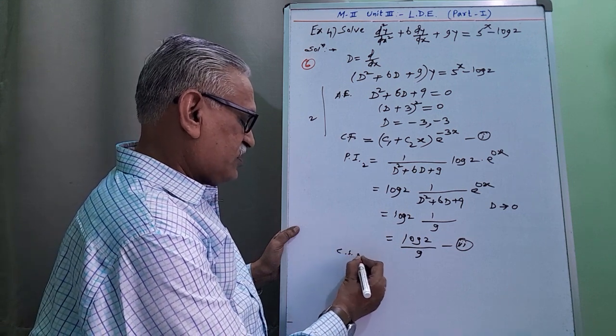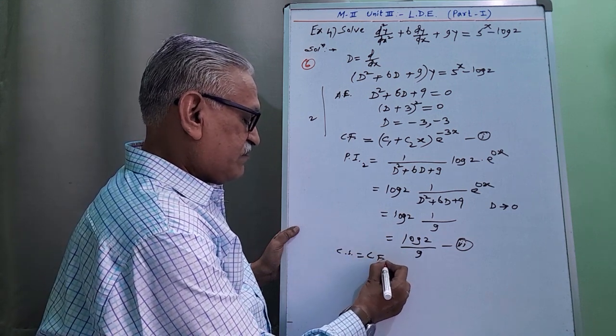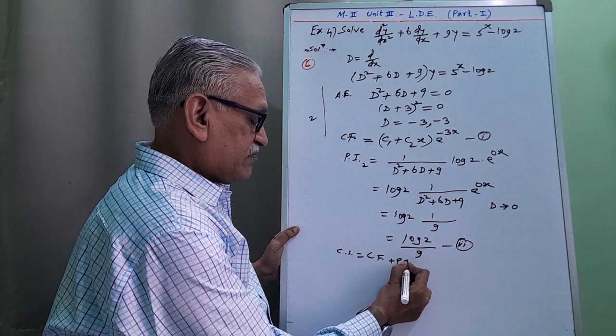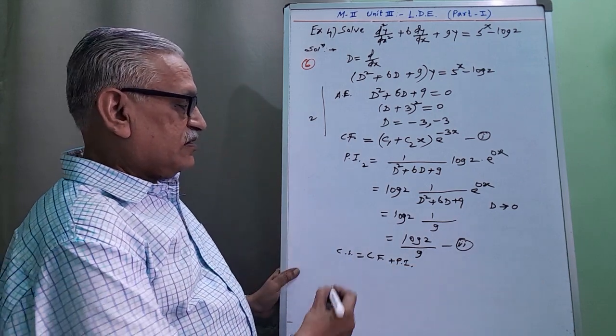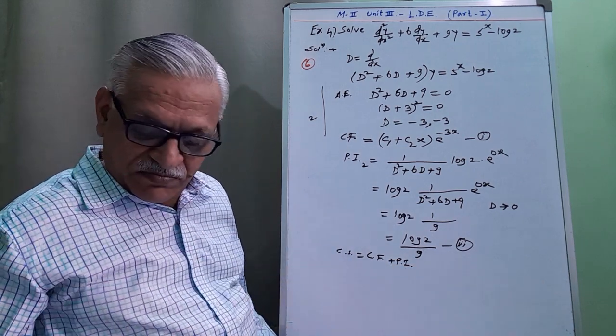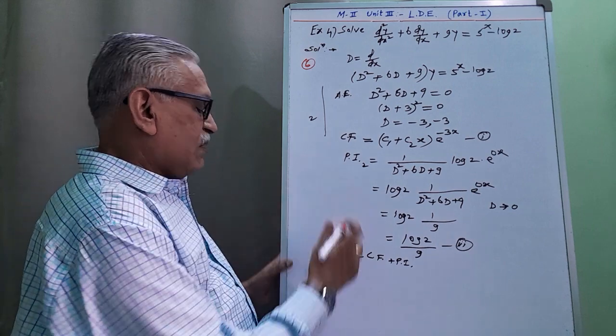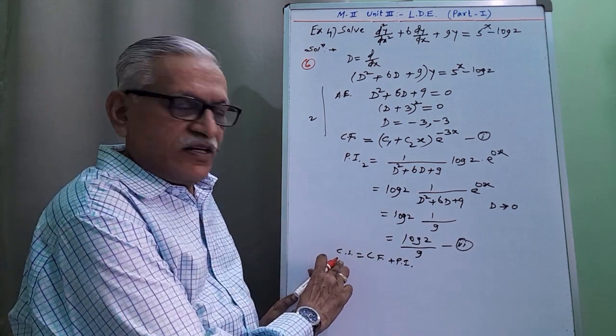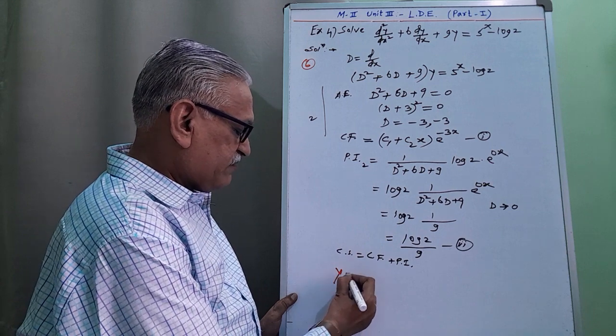Therefore, the complete solution is CF plus PI. Complete solution is always for the dependent variable. Here the dependent variable is y.